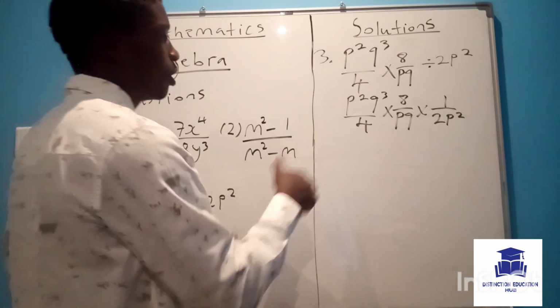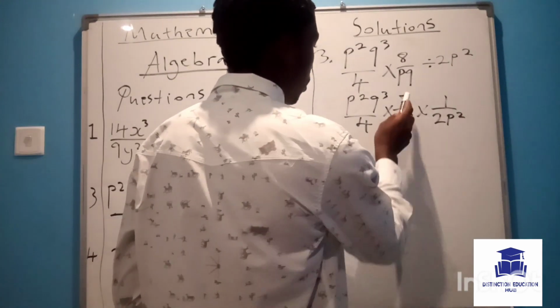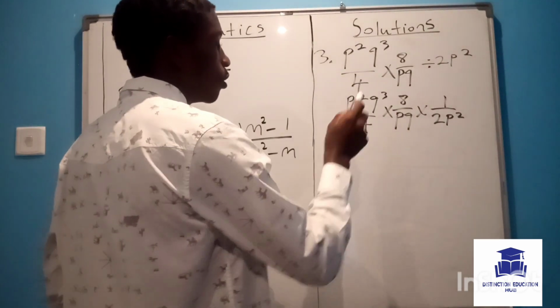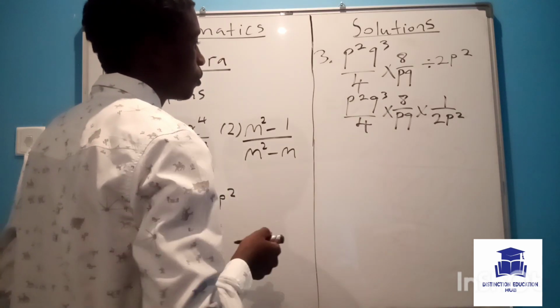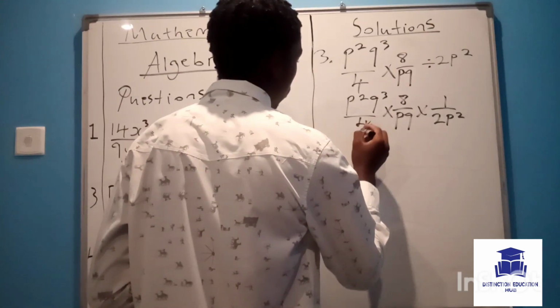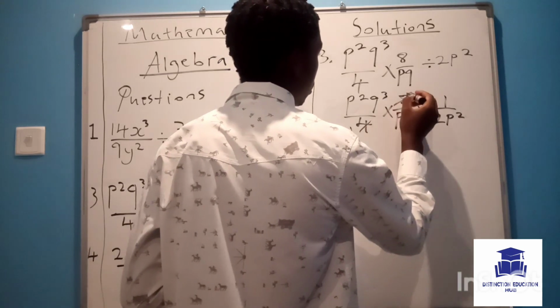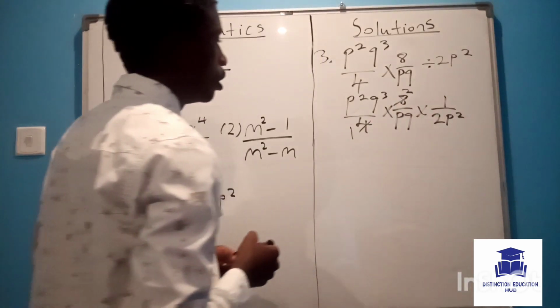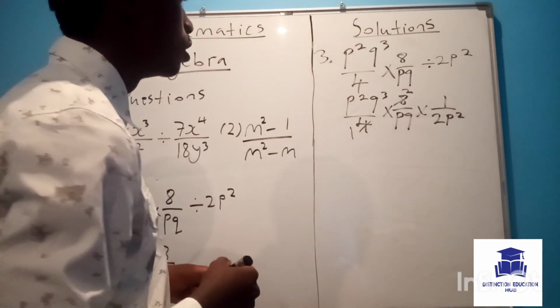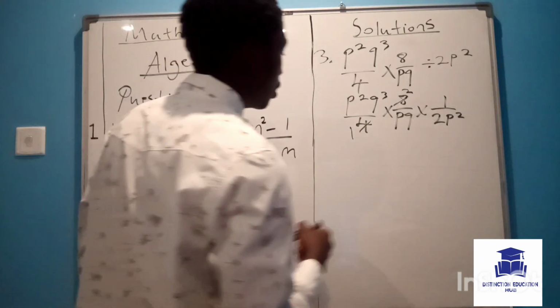When you look at your expression, you have a 4 here and you have an 8 here. 4 can go into 8. 4 into 4, 1. 4 into 8, 2. Then you use the expansion method to make your work easier.